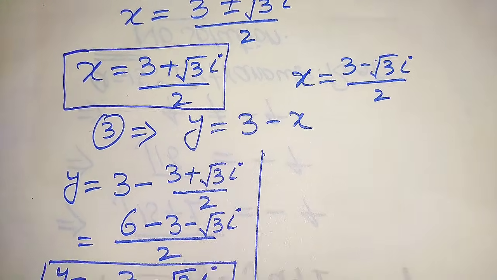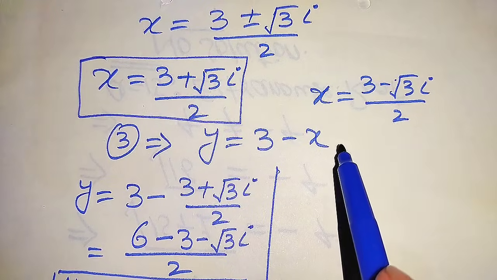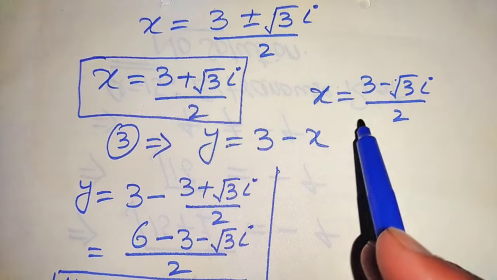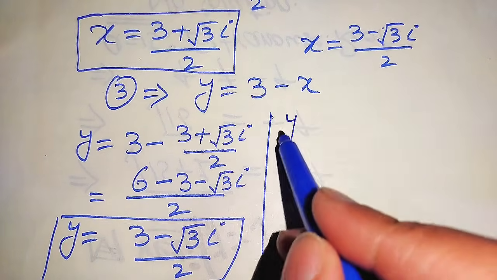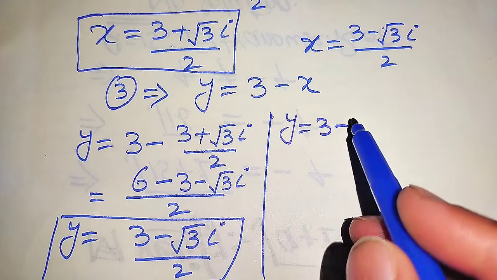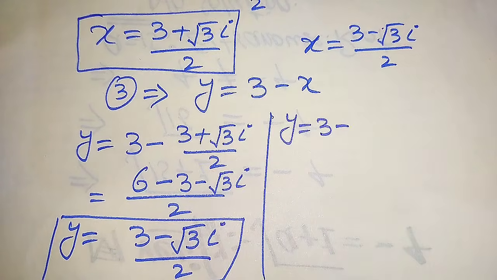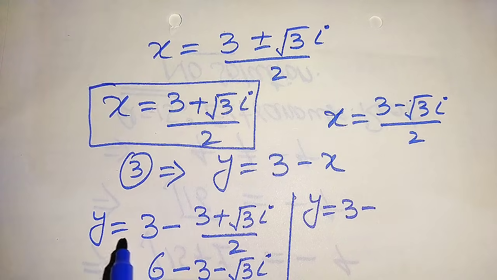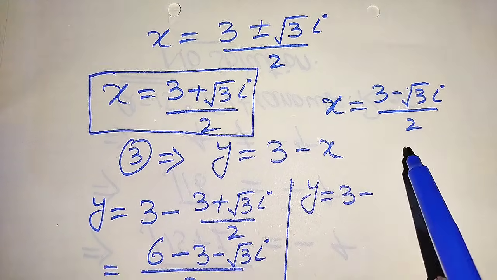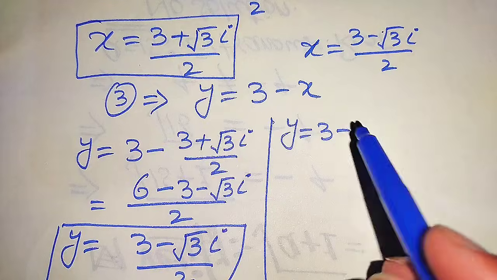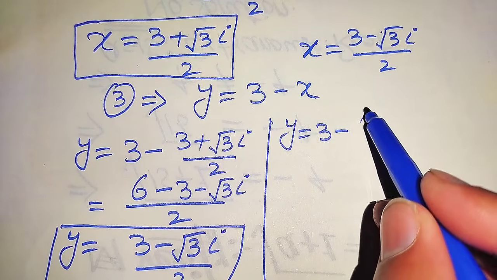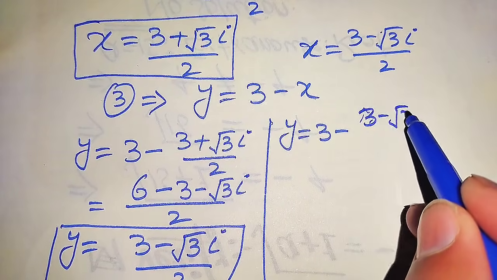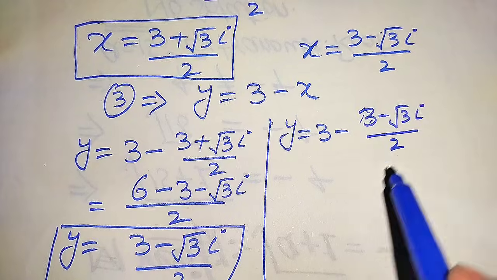Now in the same pattern we find the value of y from this other value of x. When you put this value here it becomes y equals 3 minus x. We need to put this value of x here, and it becomes 3 minus (3 minus square root of 3 iota) divided by 2.